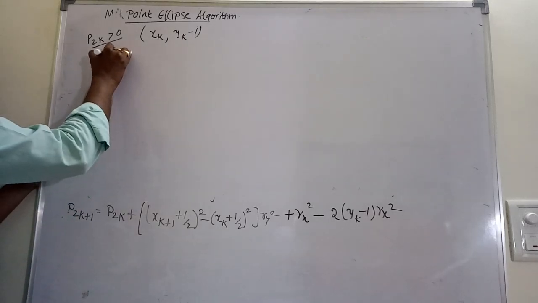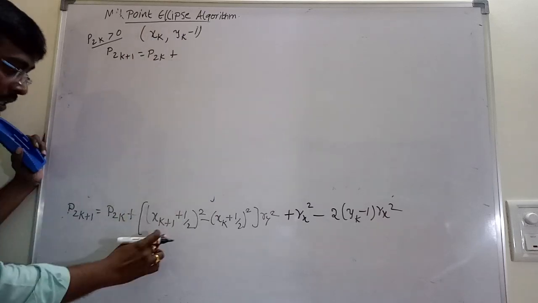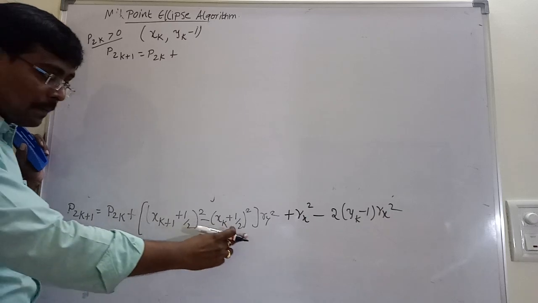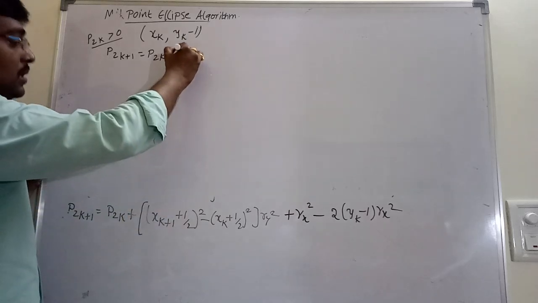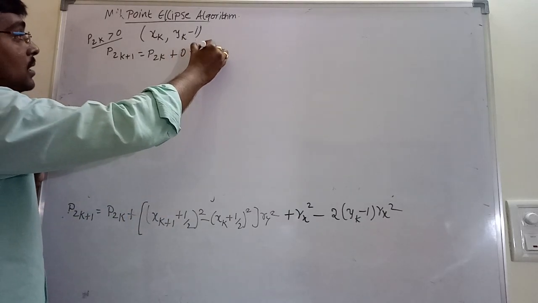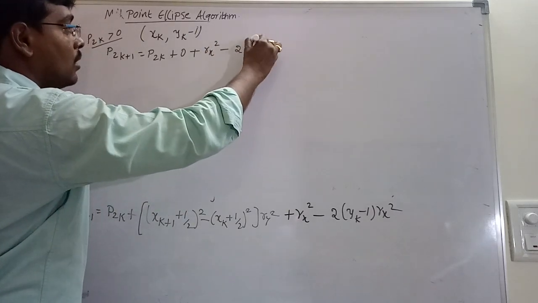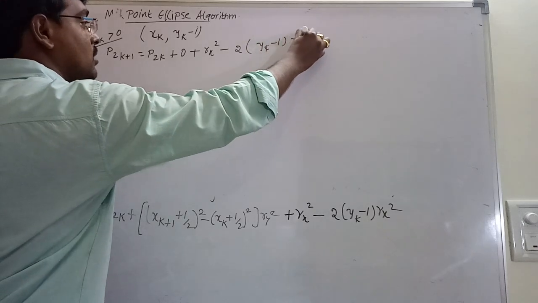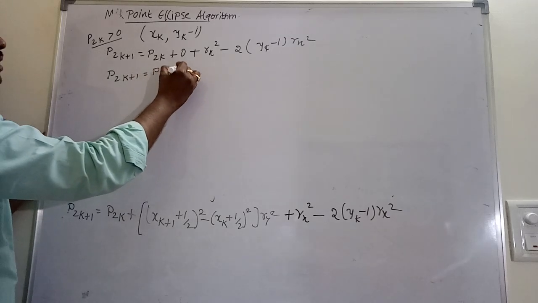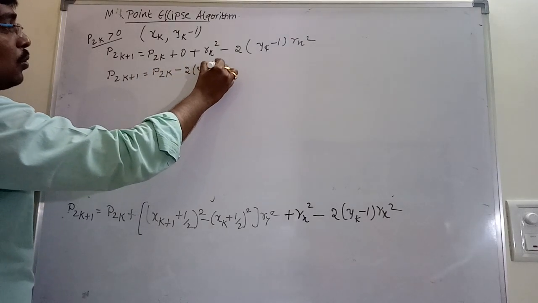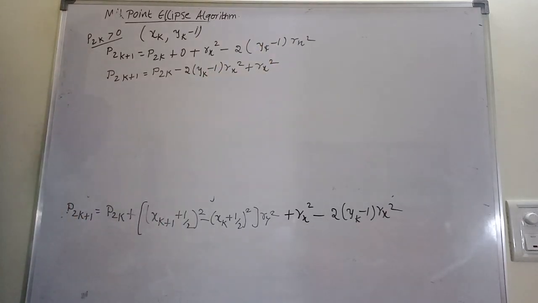P2k plus 1 is equal to P2k plus (xk plus half) whole square minus (xk plus half) whole square, that is, the xk plus 1 term is xk, that means simply 0, plus rx square minus 2 (yk minus 1) into rx square. So the equation is P2k plus 1 is equal to P2k minus 2 into (yk minus 1) into rx square plus rx square. This is the equation.